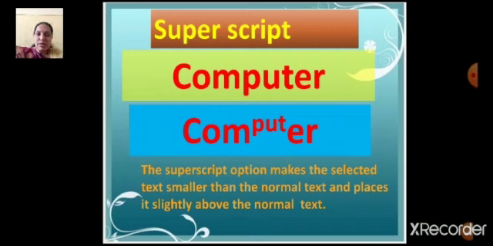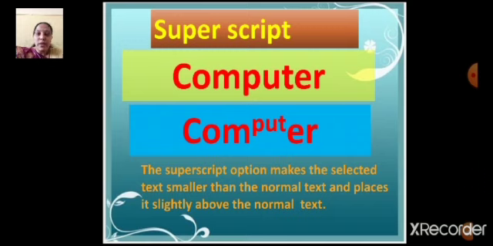Here also the text will become smaller compared to other text and it will be placed above the normal line. So in Subscript it will be placed slightly below the normal level. In Superscript it will be placed slightly above the normal level.